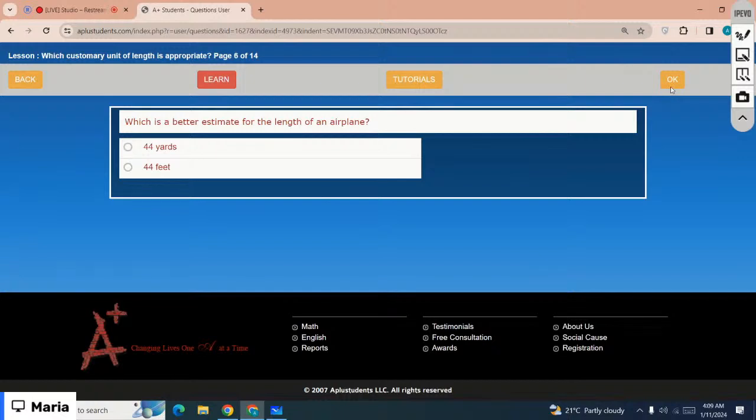Which is a better estimate for the length of an airplane, 44 yards or 44 feet?